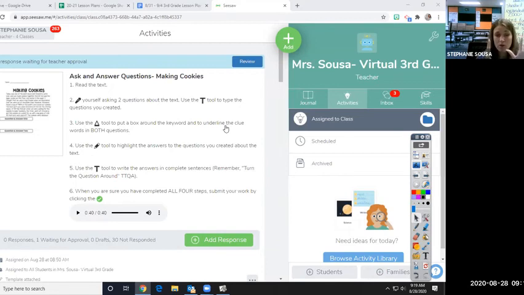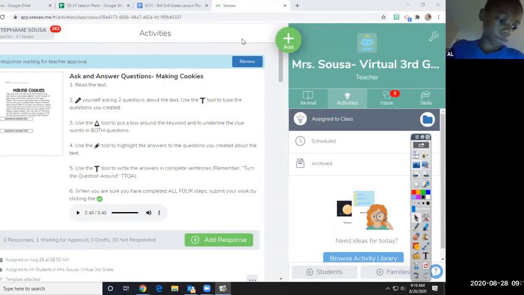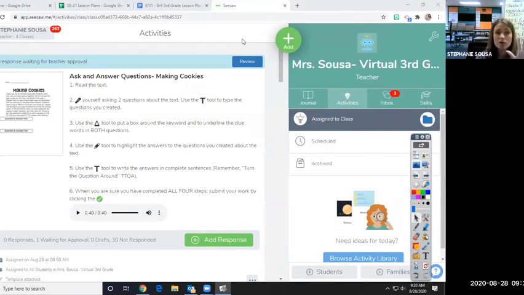Question 1, question 2. There's another point for highlighting evidence in question 1 and in question 2. There's another point for typing it in a complete sentence in question 1 and question 2. So this assignment has 10 steps and is worth 10 points.